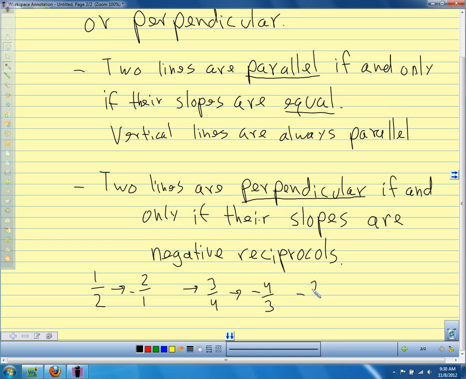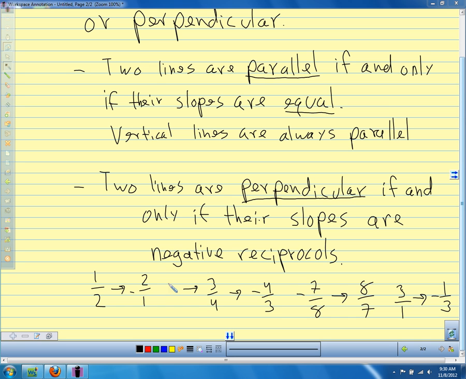Negative 7/8 would turn into 8/7. And 3, we can think of 3 as 3 over 1, would turn into negative 1/3. So all of these fractions are negative reciprocals. We flip the fraction and change the sign.